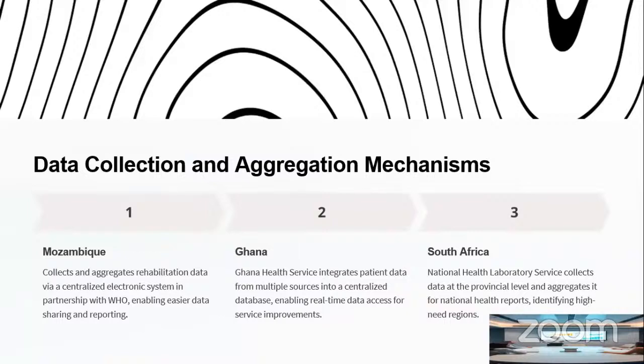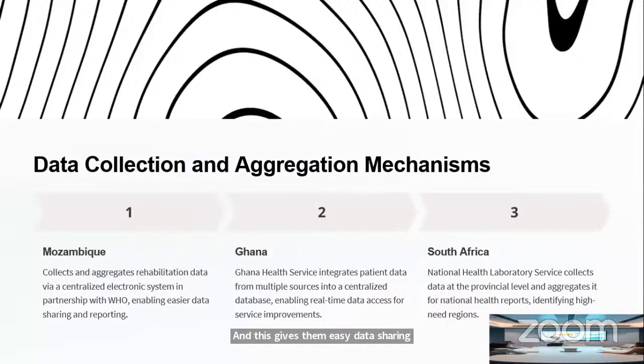Now for data collection and aggregation, in Mozambique, the Ministry of Health collects and aggregates data for rehabilitation by using a centralized electronic system which they partner on with WHO. And this gives them easy data sharing and reporting ability.